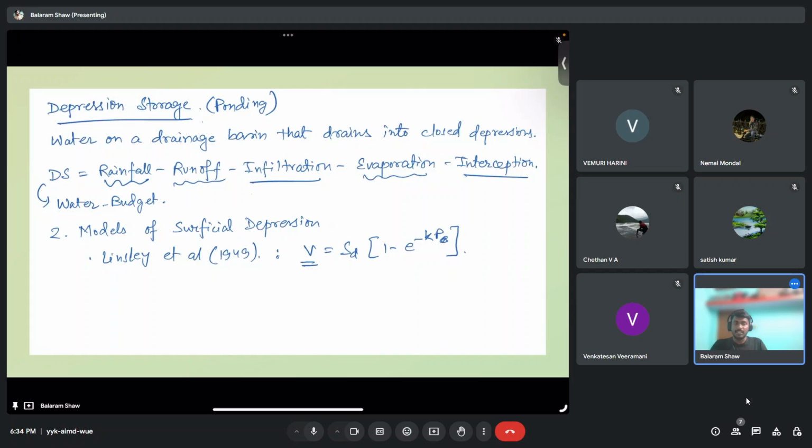Mostly, what we call evaporation will be from the land surface and open water surface. Any process where liquid water is converted to water vapor from land or open water surface, we'll call evaporation.